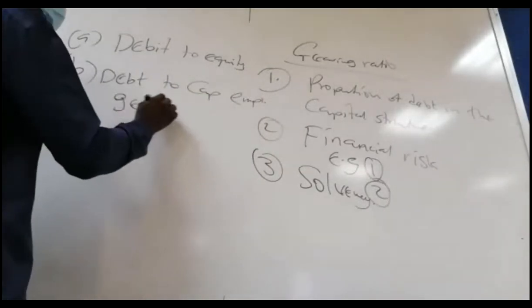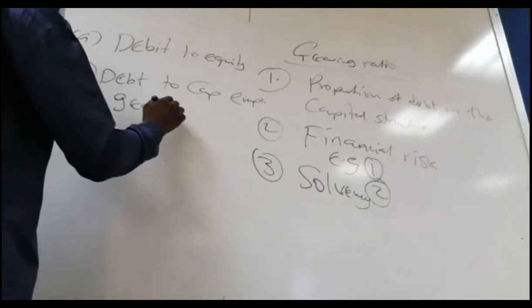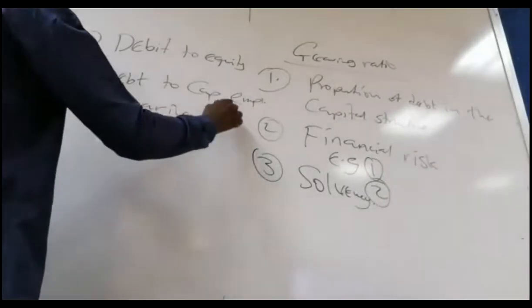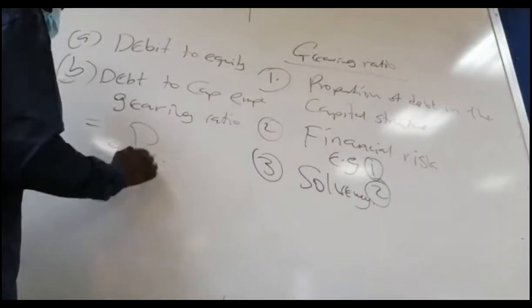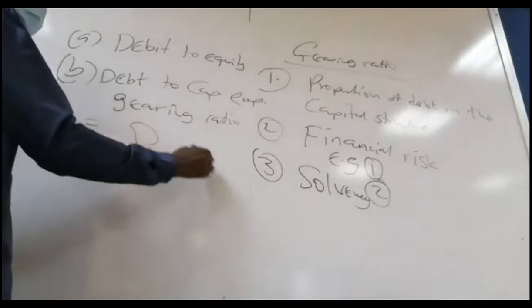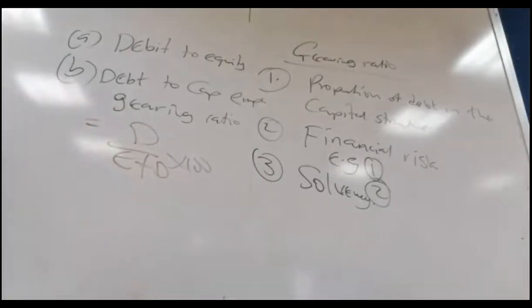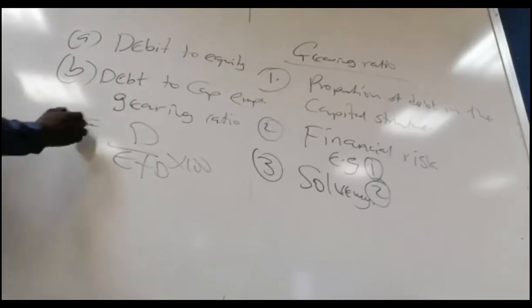So when I ask for the gearing ratio, gearing ratio is equal to debt over equity plus debt times 100. The debt is non-current liability or long-term debt. That is the debt that we are talking about. This one, the benchmark is what?